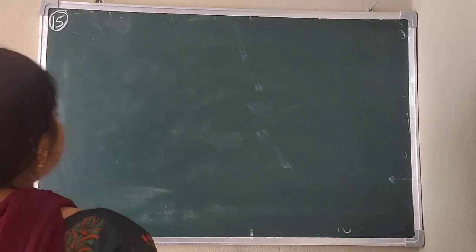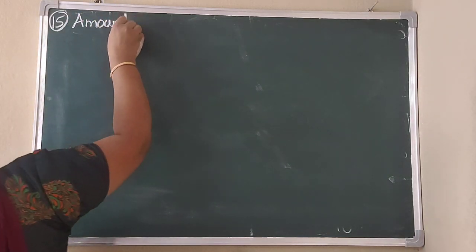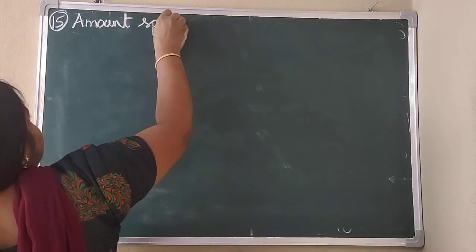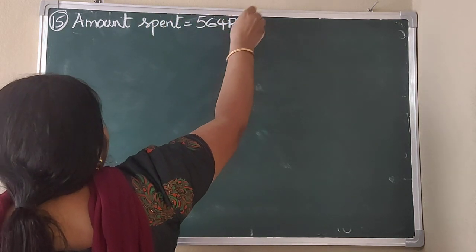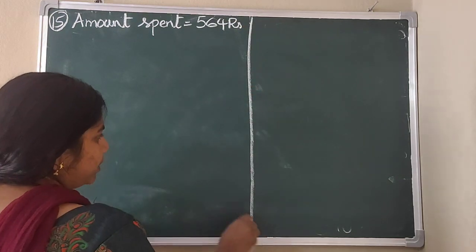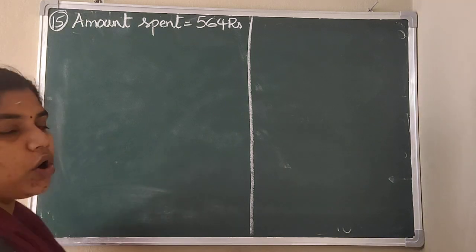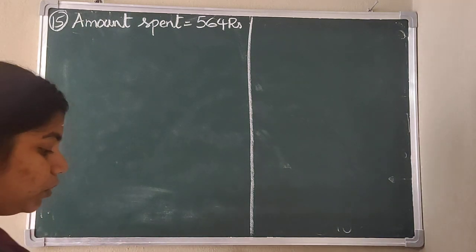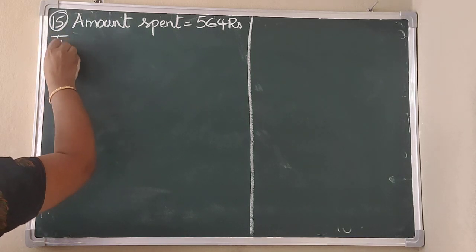So the total amount spent is how much? 564 rupees. Now the total number of things he bought is 108.